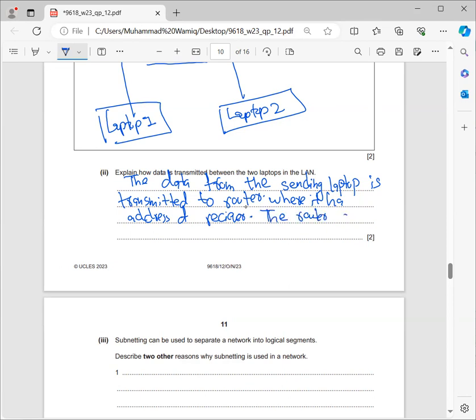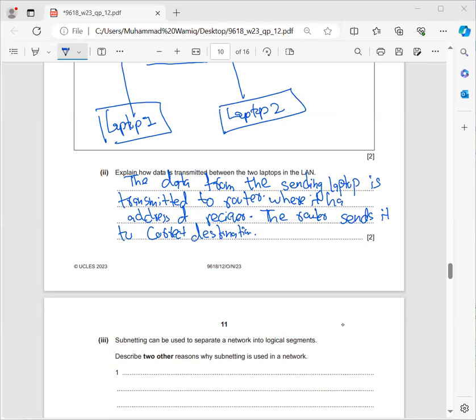The router sends it to the correct destination, or you can write that the router transmits data directly to that receiver.